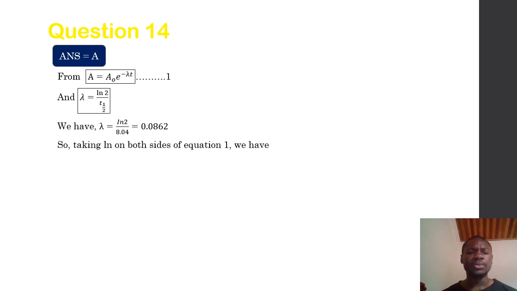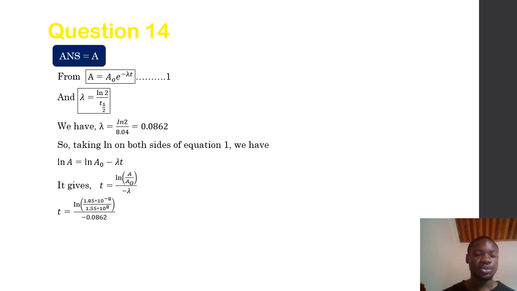So if we take ln on both sides of equation 1, we have ln A being equal to ln A0 minus lambda t. That gives t being equal to ln of A divided by A0, divided by minus lambda. We substitute in our values of A0 and lambda, we get t to be equal to 2.05 days.